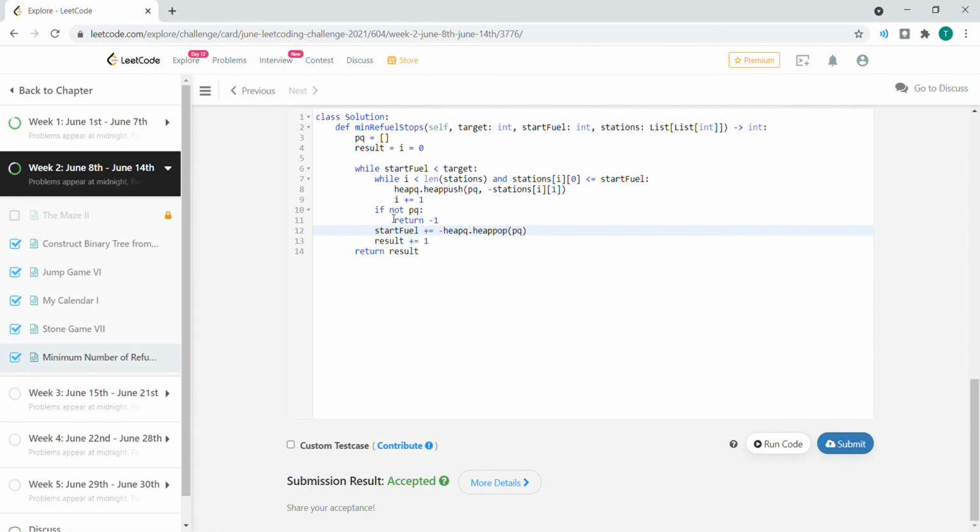The space complexity is big O of n, because we're only storing the number of stations within a priority queue, and that's all.